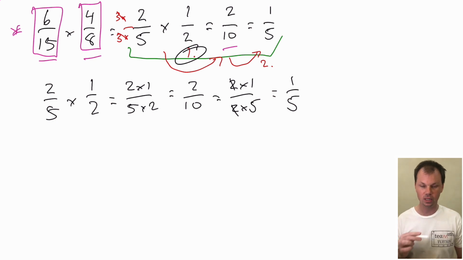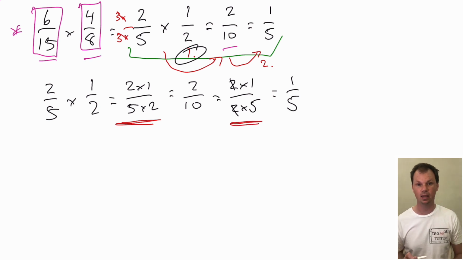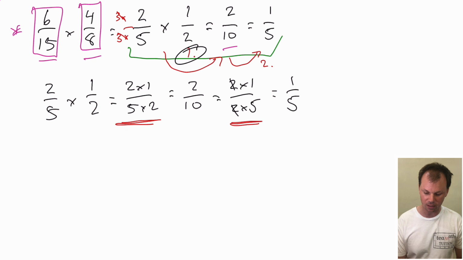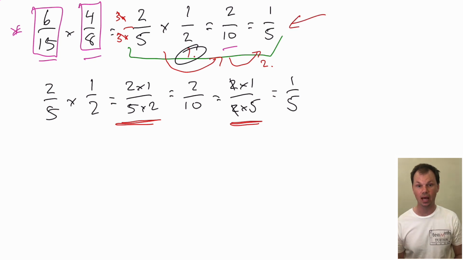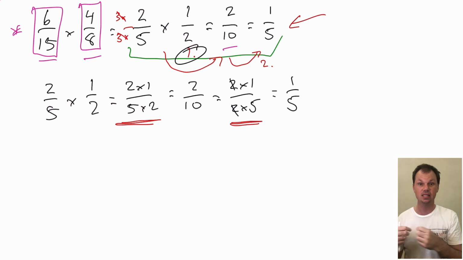Now, what you can see from this is that there is sort of a double up in what we're doing. When we're doing our multiplication, we get this, and when we're doing our simplification, we get the same thing. Now, when we've done it above, we haven't actually shown that, but that is what's going on in our head. So we're actually doubling what we're doing. And there's a simpler way to get through these processes.